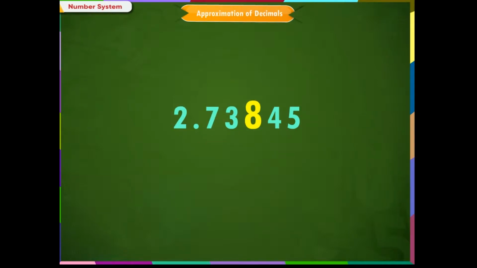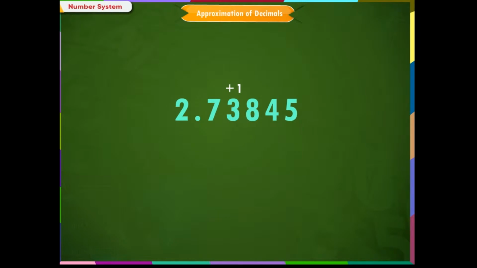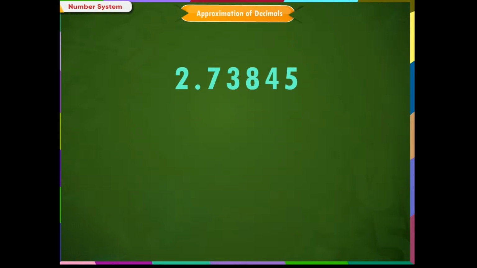This is called the decider digit. Here it is 8. Our decider digit is 8, which is more than 5. So we need to round up. The rounding digit increases by 1 from 3 to 4. All digits to the right are dropped. So 2.73845 rounds to 2.74.